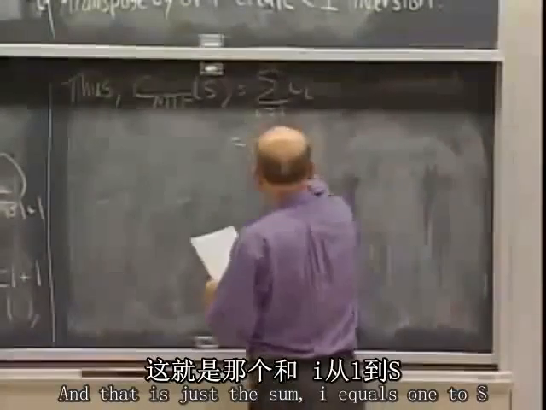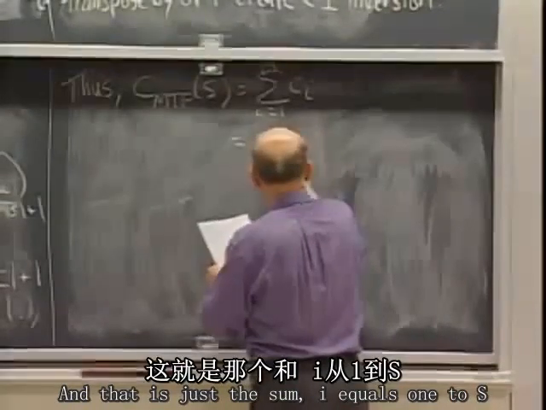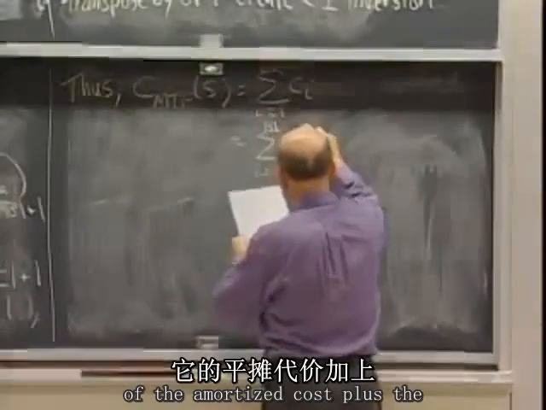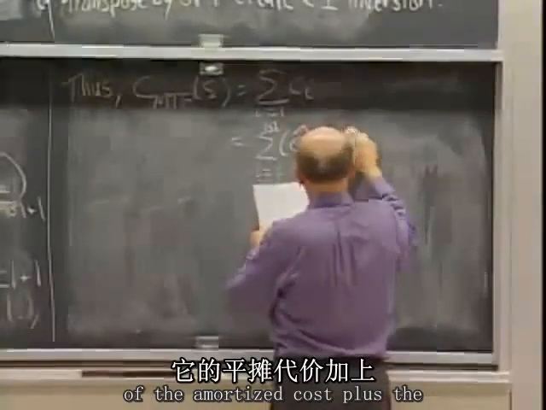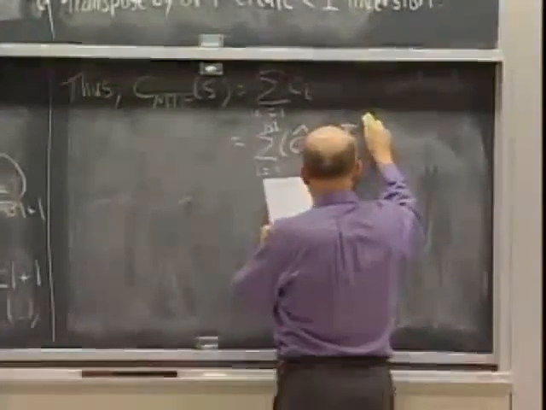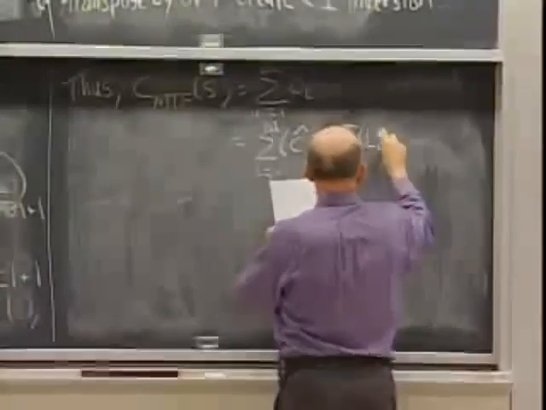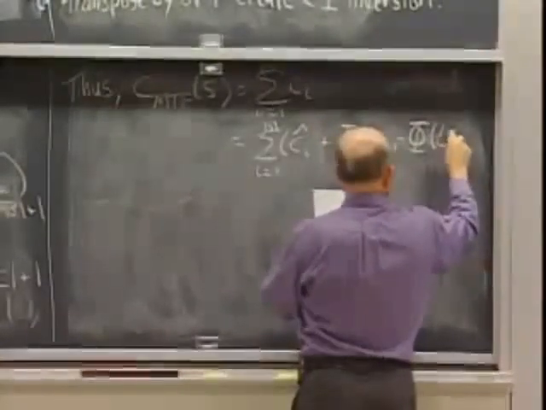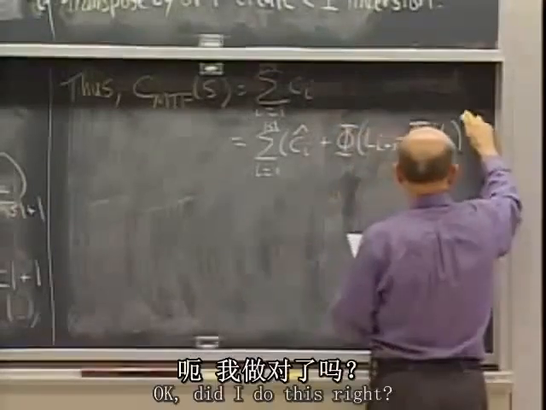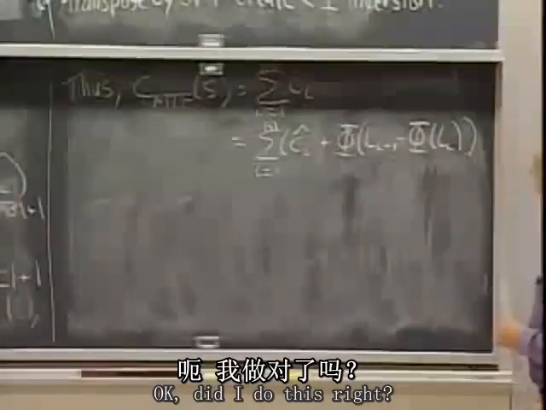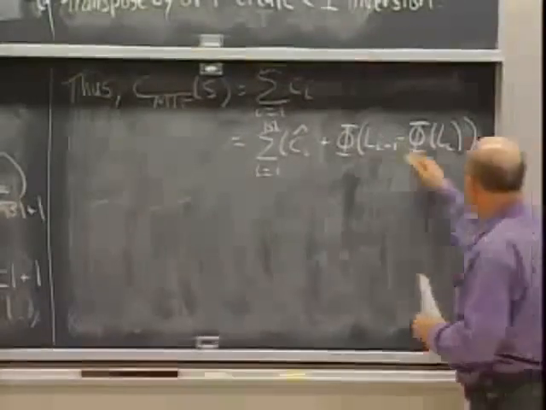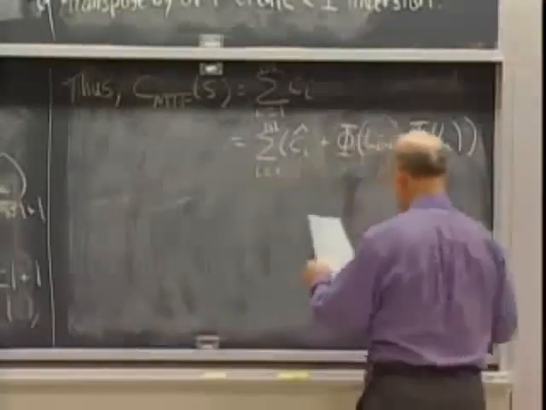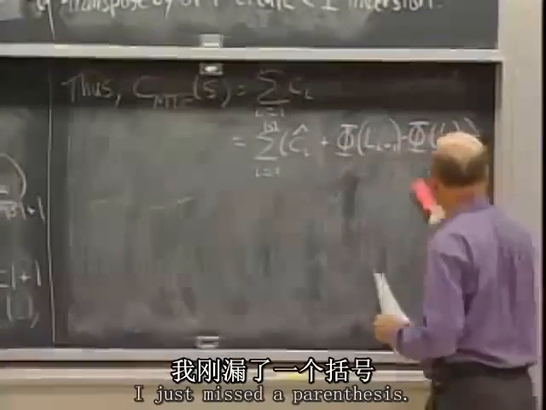And that is just the sum i equals 1 to |S| of the amortized cost minus the change in potential. Did I do this right? No, I put the parentheses in the wrong place. No, now I've got it right. Good. I just missed a parenthesis.